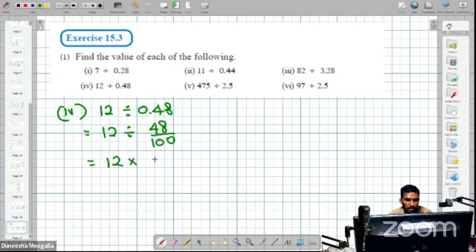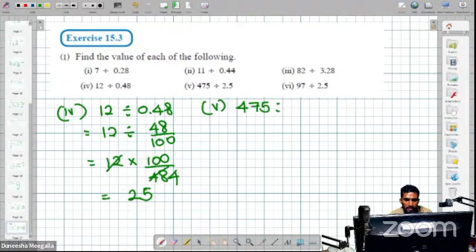What is the reciprocal of it? 100 over 48. How many 12s are there in 48? 4. Then 100 divided by 4 is how much? 20. Yes.